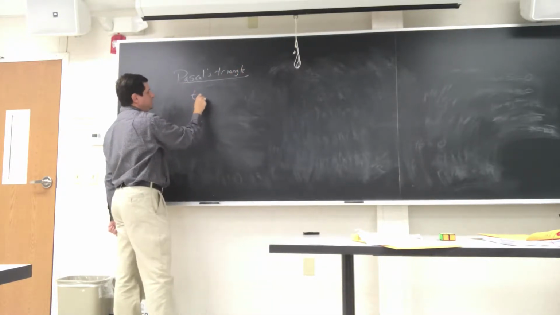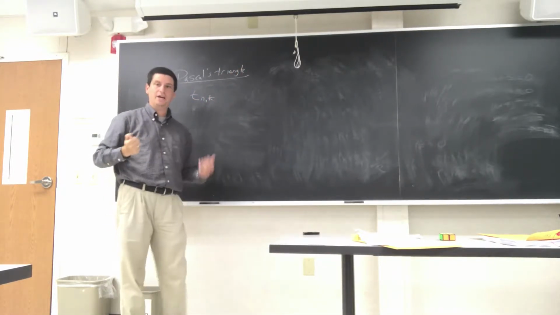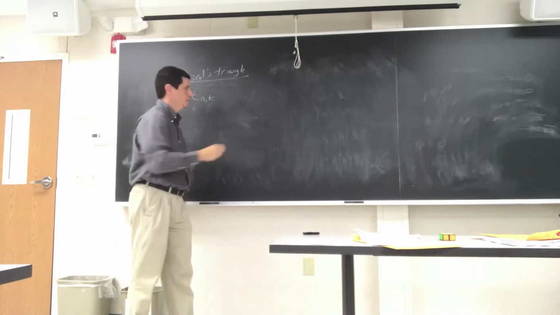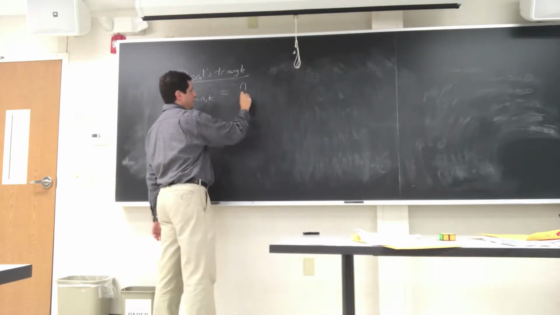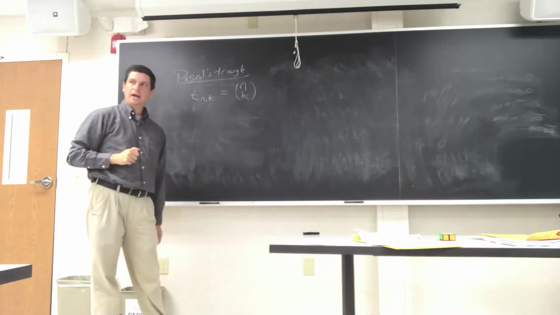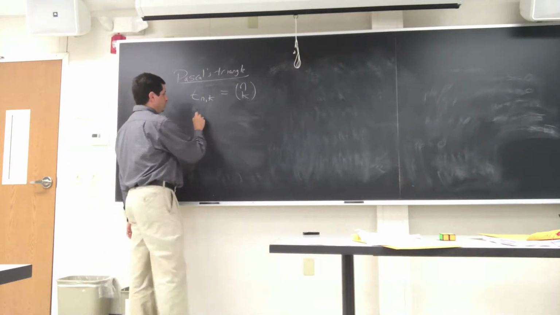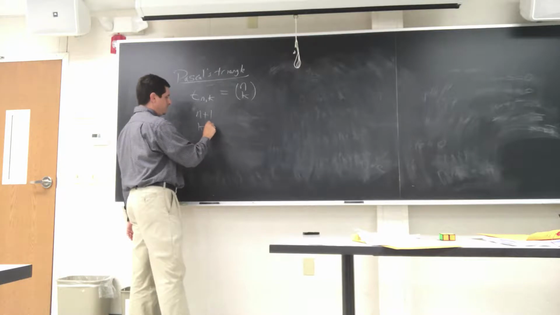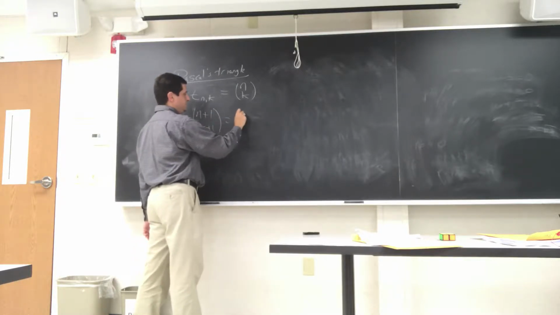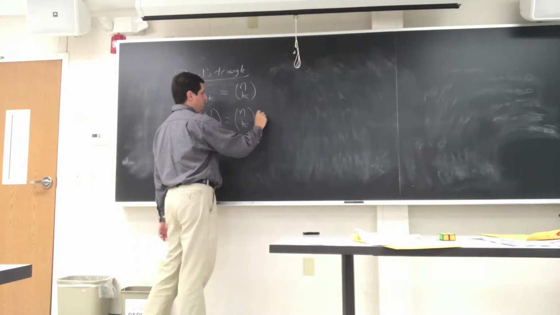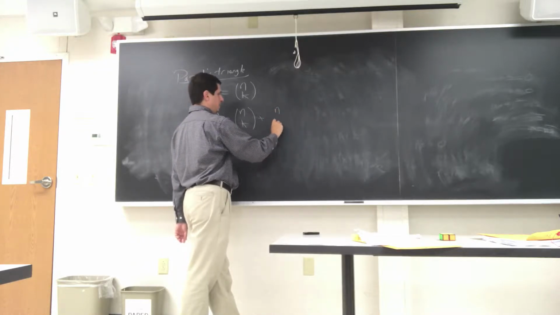And maybe T n k is the kth element in the nth row. And that's just our n choose k. And then we have a wonderful rule: n plus 1 choose k plus 1 is n choose k plus n choose k plus 1.